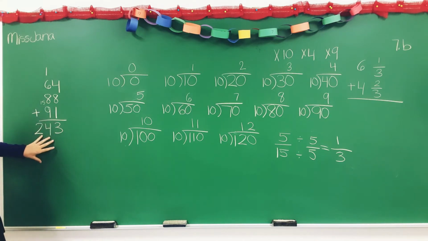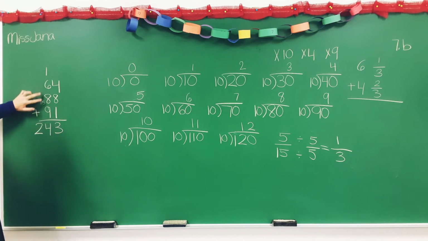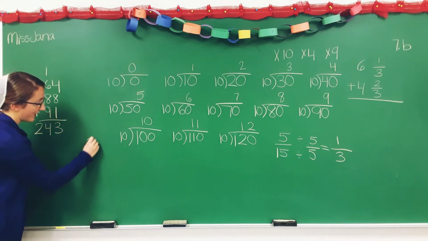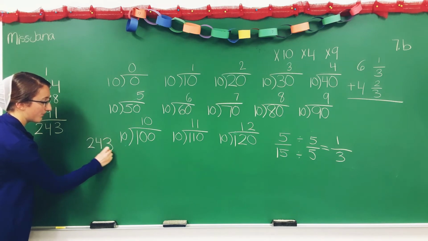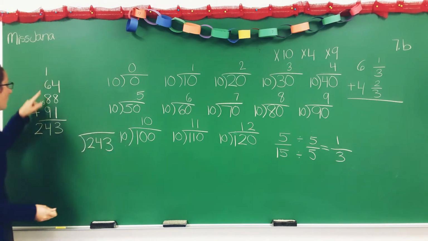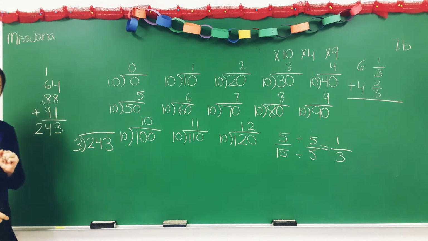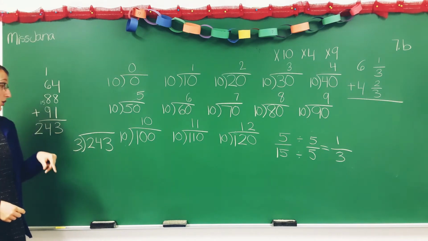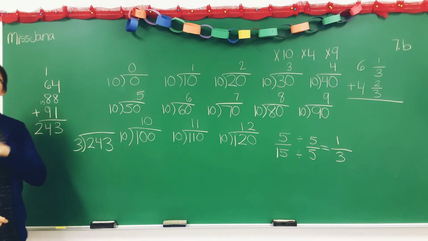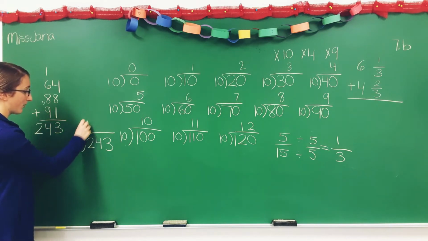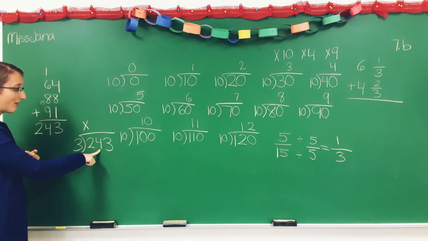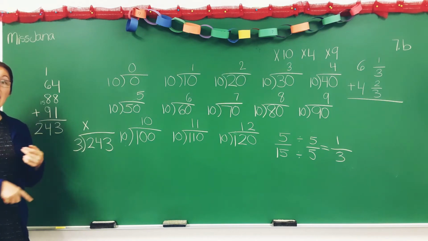So we need to divide the sum by how many numbers we're averaging, the addends. So we're going to divide 243 by 3, the three addends. 2 divided by 3 does not work. You cannot put 2 erasers into 3 cups. That's impossible. So we're going to move on to the next numbers. 24 divided by 3 is 8.